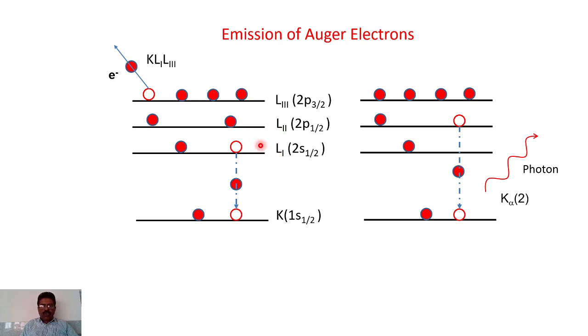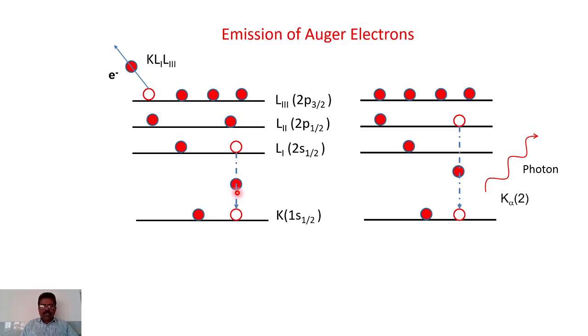Let us assume that the electron from the L shell, particularly the L first sublevel, is now trying to occupy this position. See, this is the vacant position. Now this electron has jumped from here, therefore there is a vacant position here.